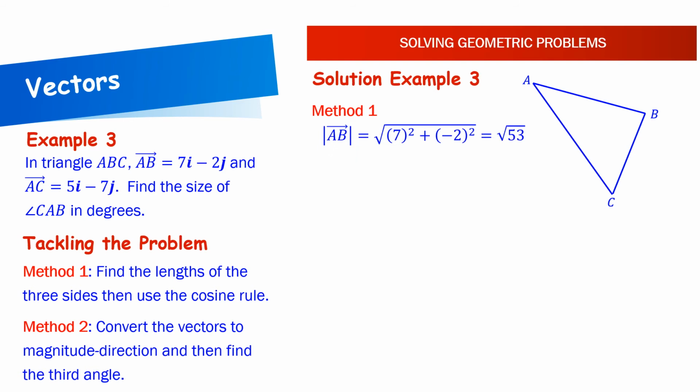The length of AB by Pythagoras equals the square root of 7 squared, which is AB in the x direction, plus minus 2 squared, which is of course AB in the y direction, to give us square root of 53.